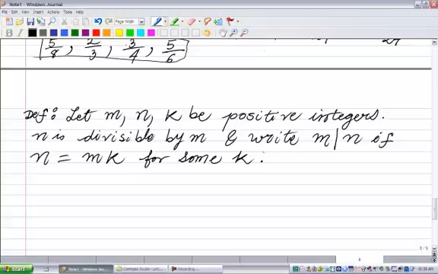So that means that n is a multiple of m. Everyone is clear on what I'm trying to write here? And here we say that m is a factor, or a divisor, of n.